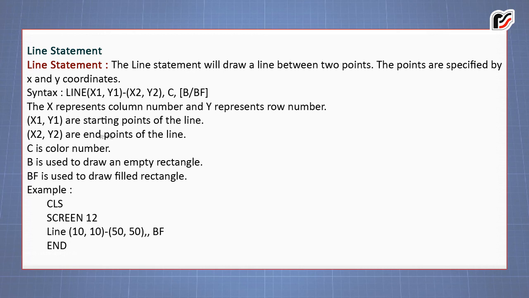X1, Y1 are the starting point of the line. X2, Y2 are the end points of the line. C is the color number. B is used to draw an empty rectangle. BF is used to draw a filled rectangle. Example: CLS, screen 12, line 10,10 minus 50,50, BF, end.